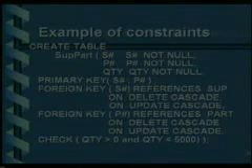S number, supplier number not null, that's a constraint. Similarly, part number not null, that's a constraint. Quantity not null, that's a constraint. So we are defining three fields: supplier number, part number, quantity, and all the time we are saying that they should be not null.